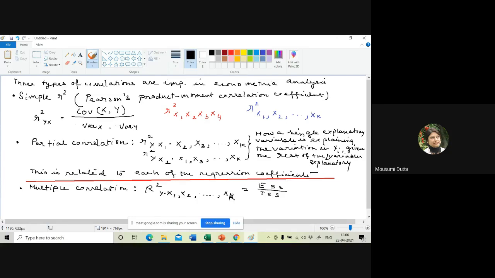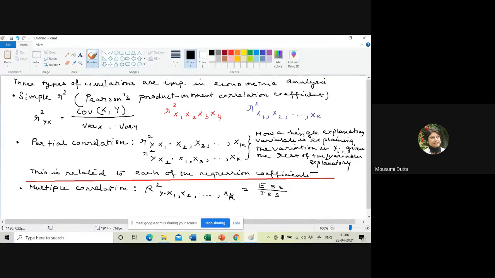I'm considering these variables are there in my model. So how all of them together can explain the variation in yi.